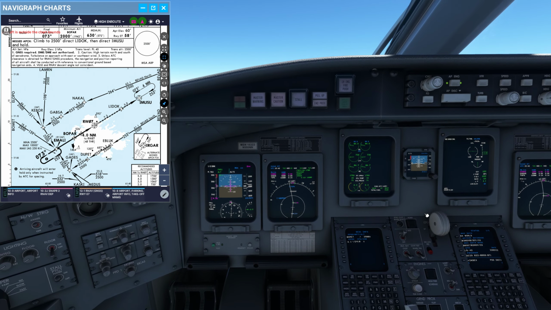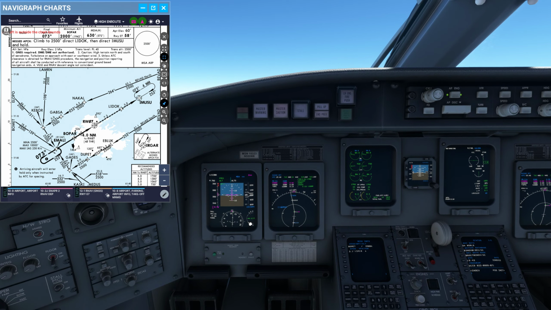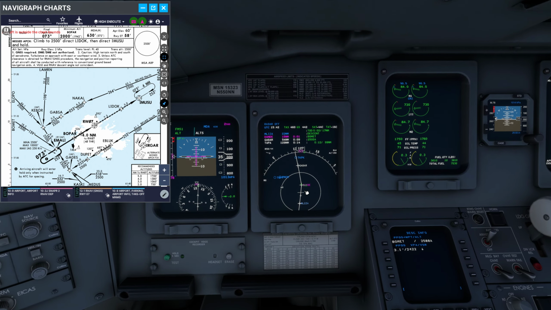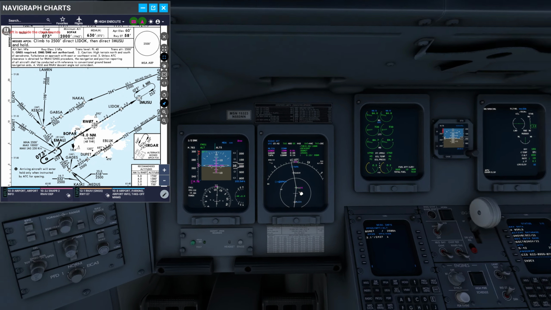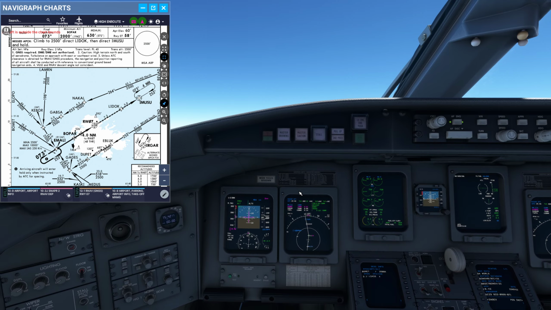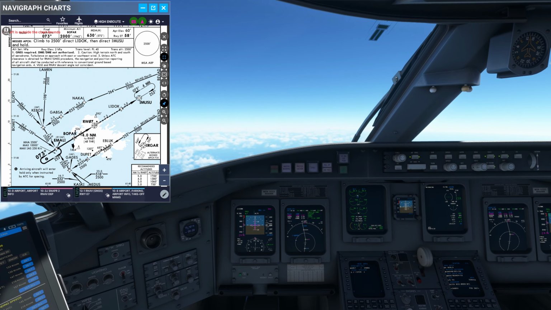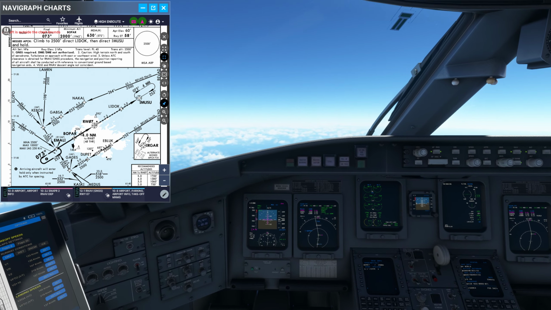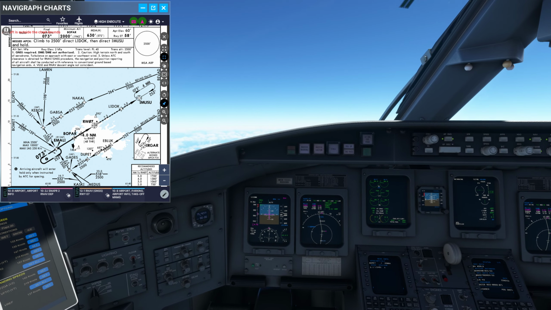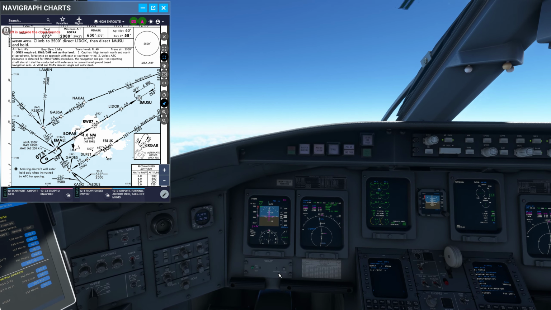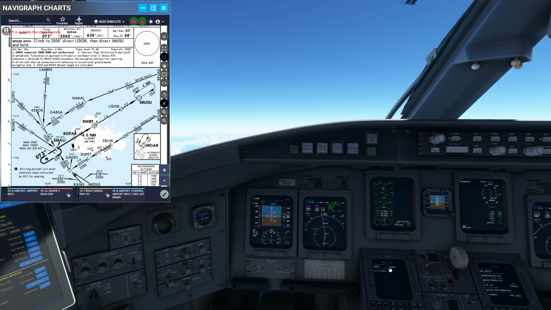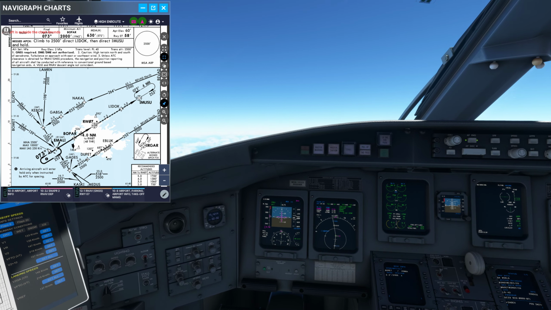When we reach the top of descent, which is right here, we're going to go into a descent, which is not really a surprise. And then we'll be coming down to capture BOMAT at 2,500.